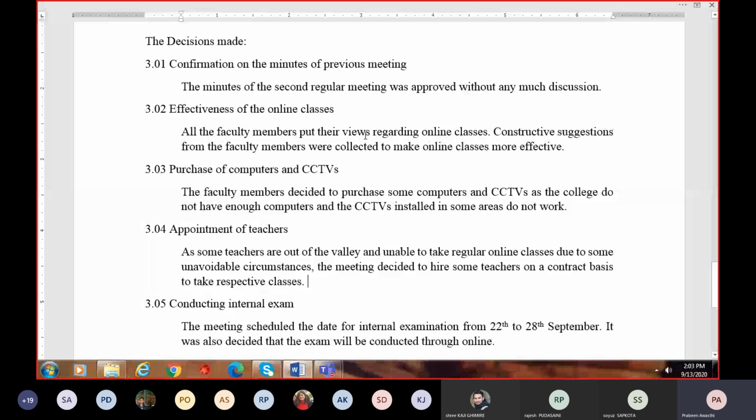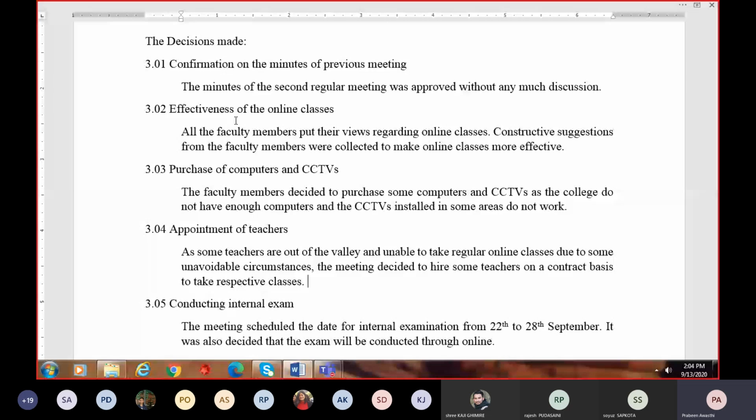Constructive suggestions from the faculty members were collected to make online classes more effective. This was the decision made, or discussion and decision made. Yeah, what happened under this agenda? All the faculty members presented their views regarding online classes, and they also gave some constructive suggestions to make online classes more effective.